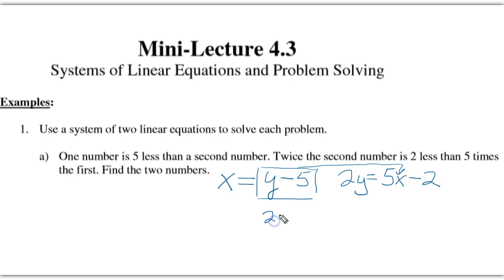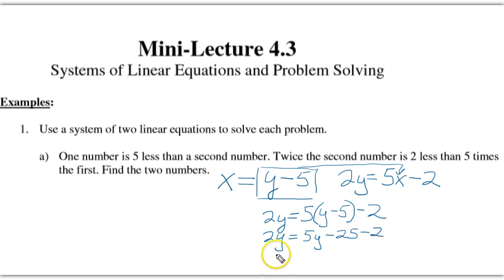So we get 2y equals 5. Now we're substituting this for our x value, y minus 5 minus 2. So we get 2y equals 5y minus 25 minus 2.